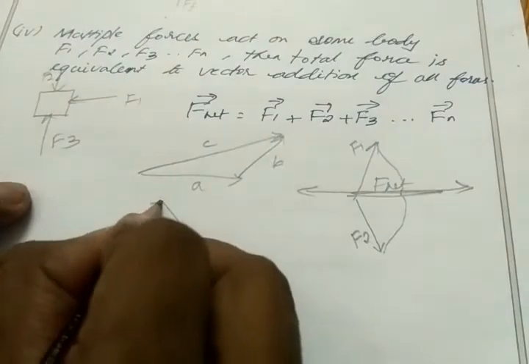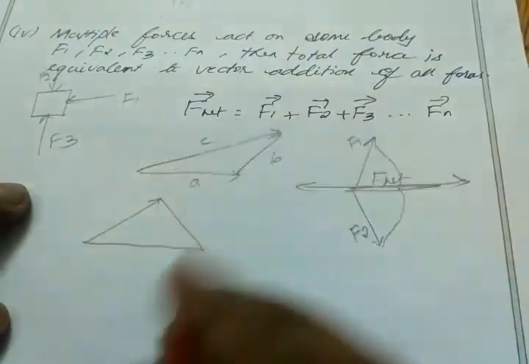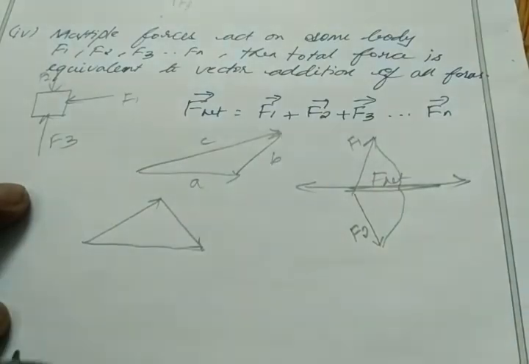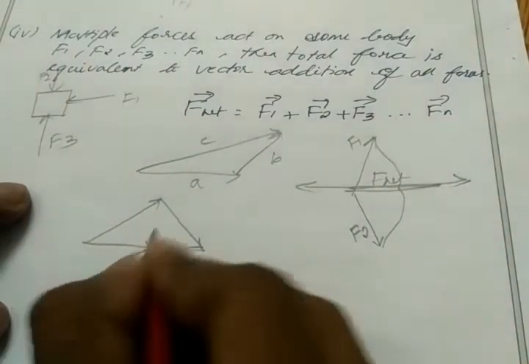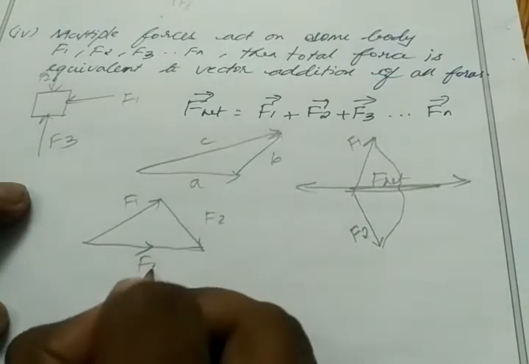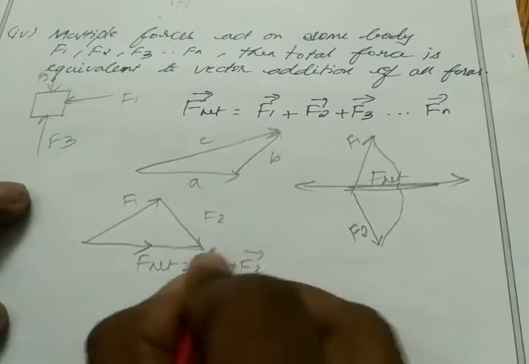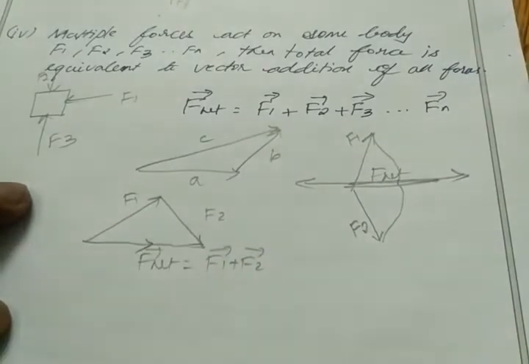This is F1 and this is F2, and this is F net, which is equal to F1 plus F2. Clear?